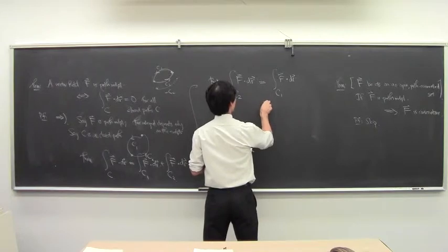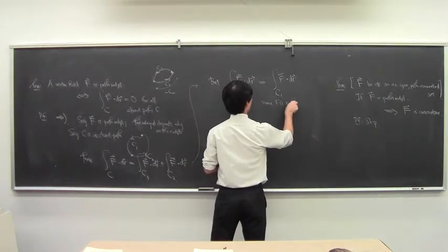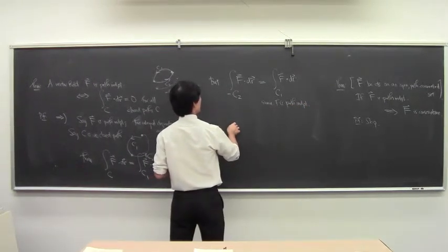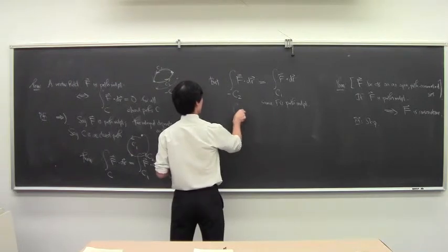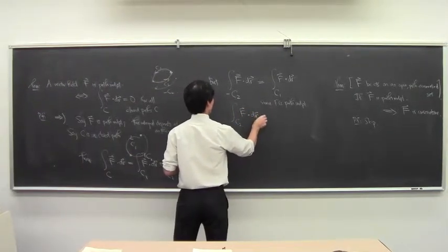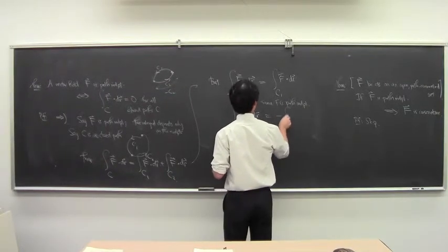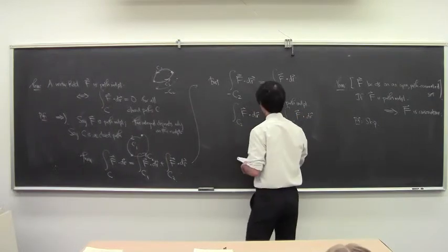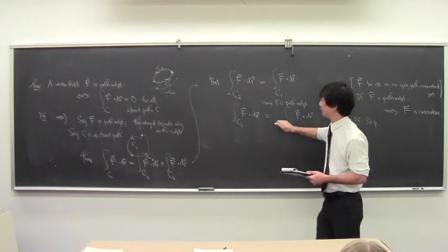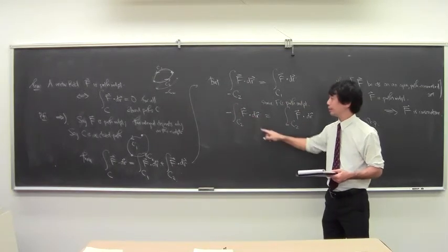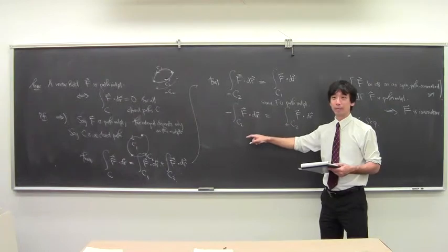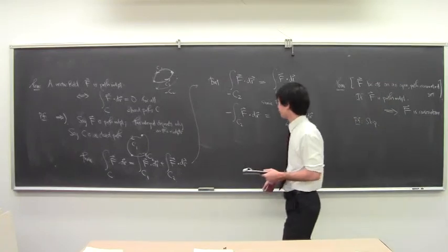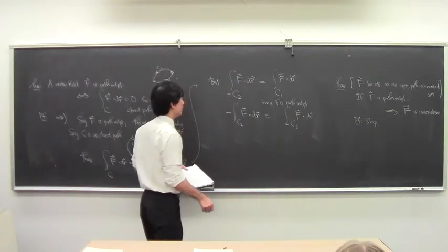Since f is path independent, we know that the integral of the vector field over negative C2 is negative the integral over C2, because you've reversed the direction of the tangent vector. So what does that tell us?